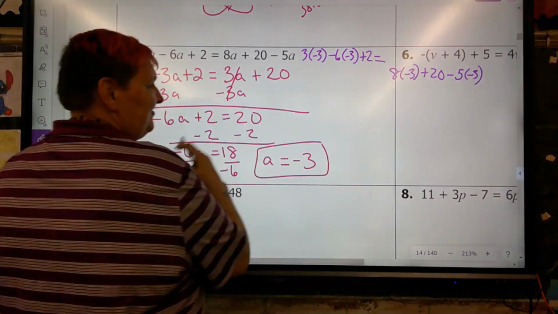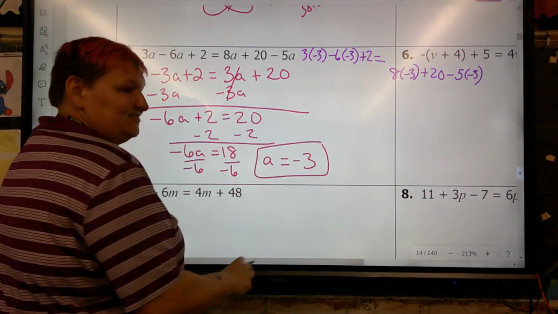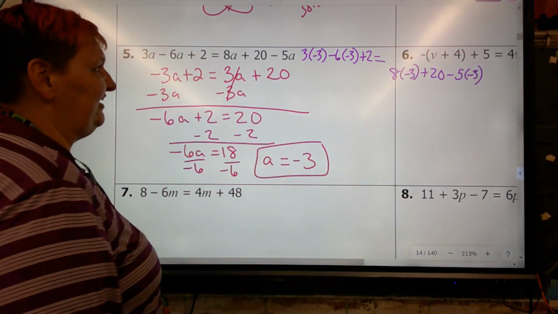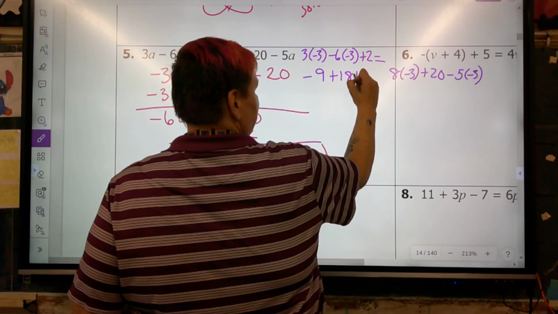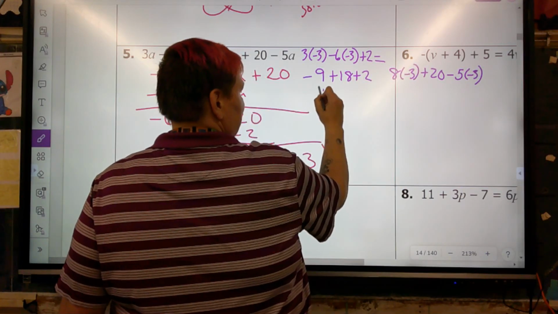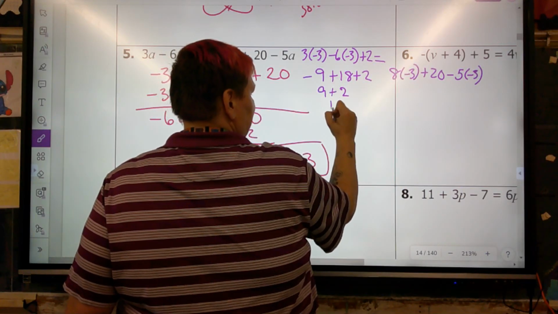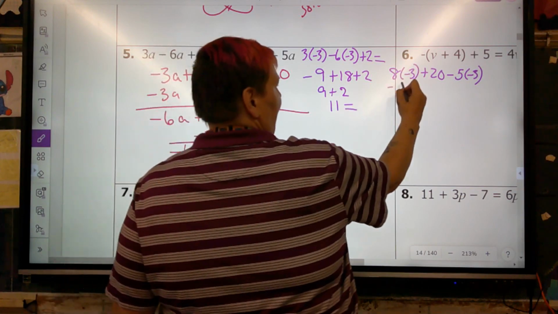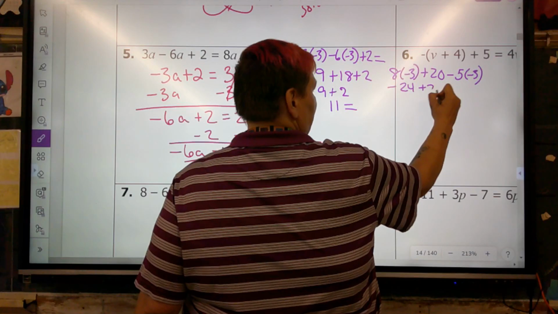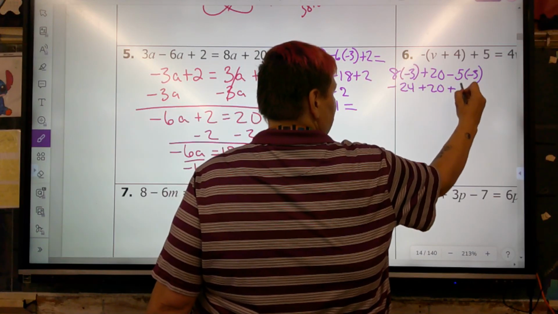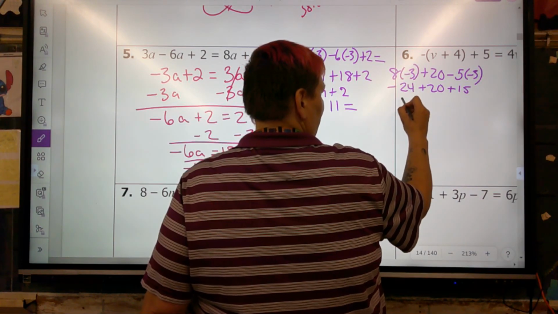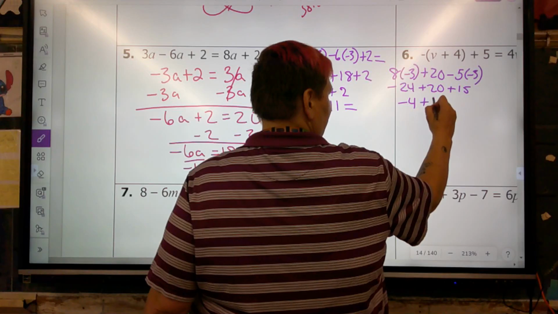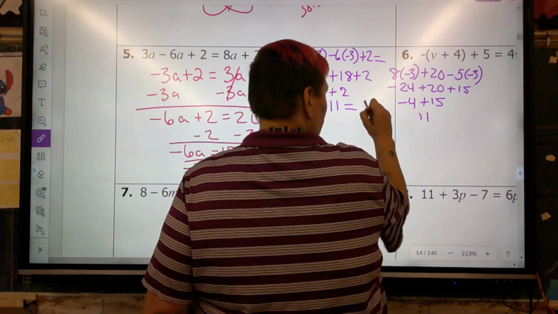We're saying that the left side has to equal the right side, and that to make that true, a has to be negative 3. So negative 9 plus 18 plus 2, so that's 9 plus 2, so 11. Negative 24 plus 20 plus 15, so negative 4 plus 15 equals 11.